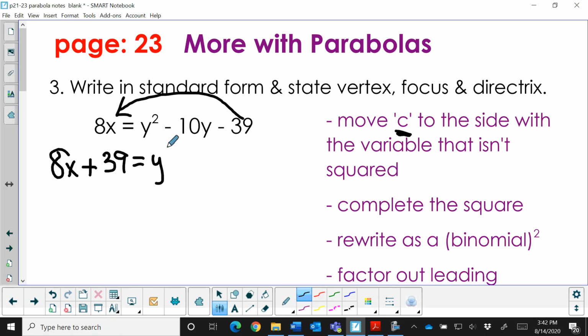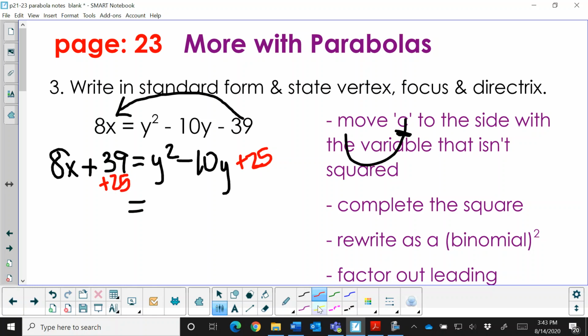Now we're going to go to step 2. Complete the square. On the squared side, we need to complete the square, and I sing a little song: you half it, you square it, and you add it to both sides. So you take the b term, half 10 and square it. I'm going to add 25 to both sides.